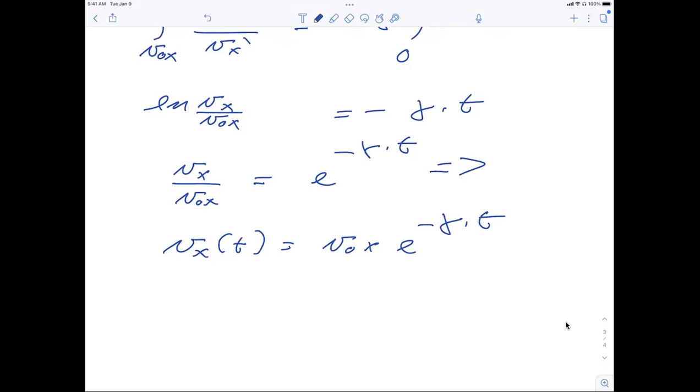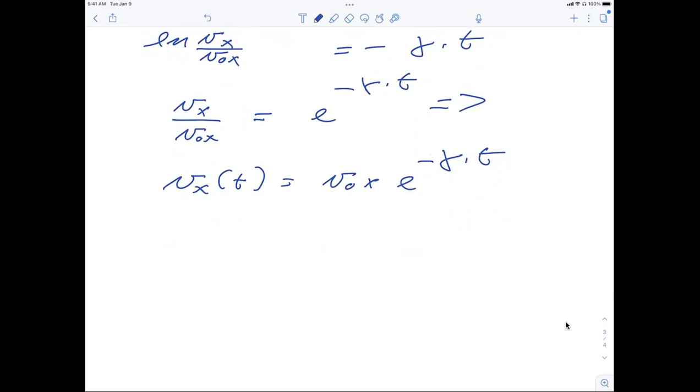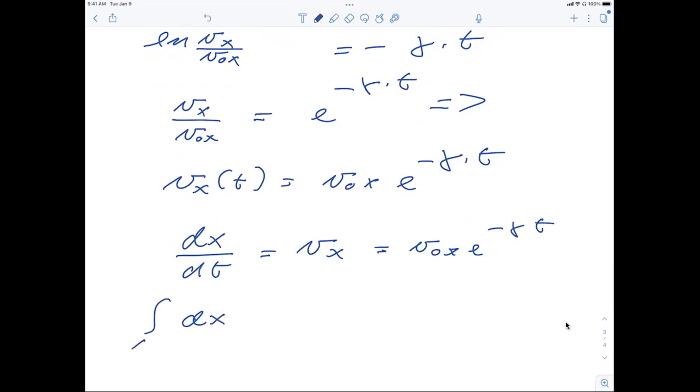Okay, so we can do the same thing with the position, because we know that dx over dt is equal to v of x, which is v0x e to the minus gamma t. So I can now integrate up again and get the position. I integrate dx from x0 to a final x, and this is given by an integral from 0 up to t of v0x e to the minus gamma t prime dt prime.